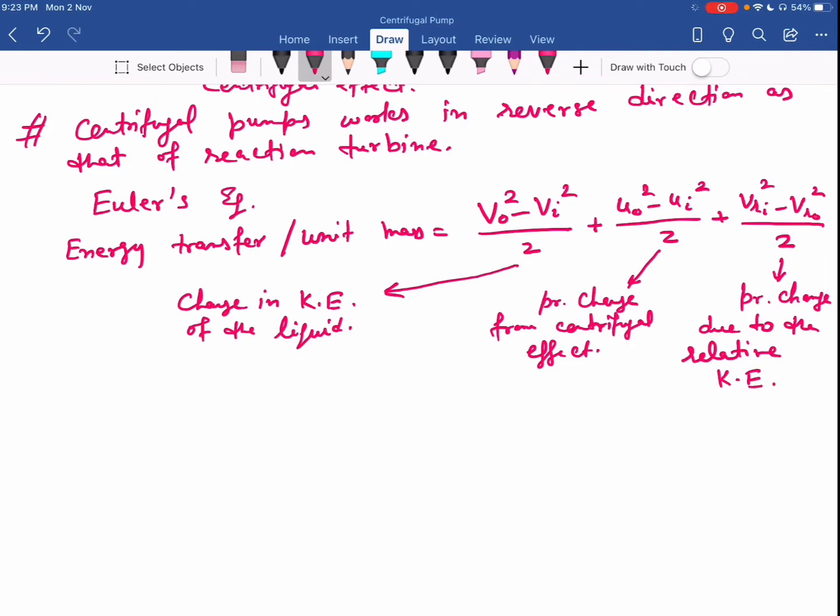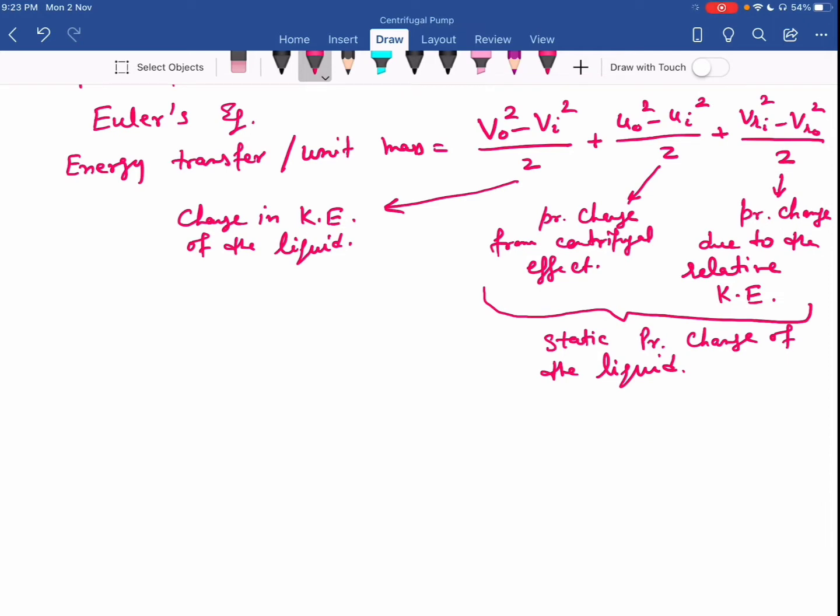So you can say the second and third term collectively represent the static pressure change of the liquid. So now we can conclude the energy transfer per unit mass.